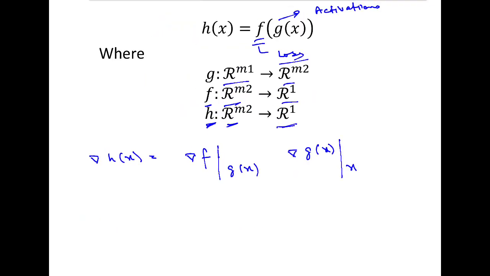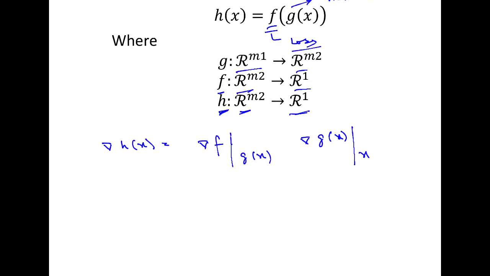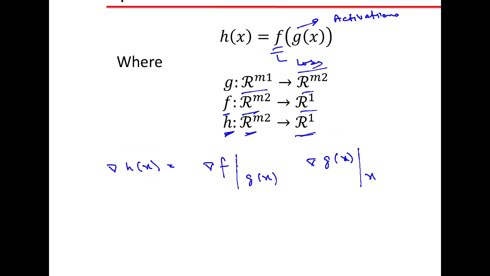So let's look at it a little more carefully. Here, so what are the sizes? H of x is mapping from m2 to r1. So what will be the gradient of h of x? It will map from m2 to m2.